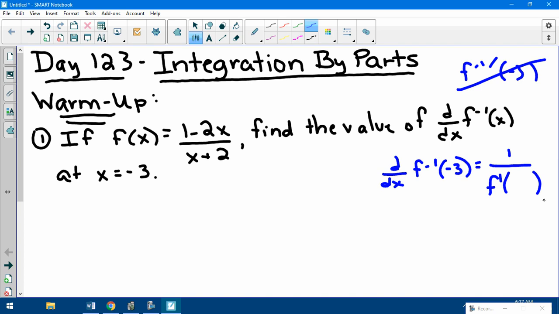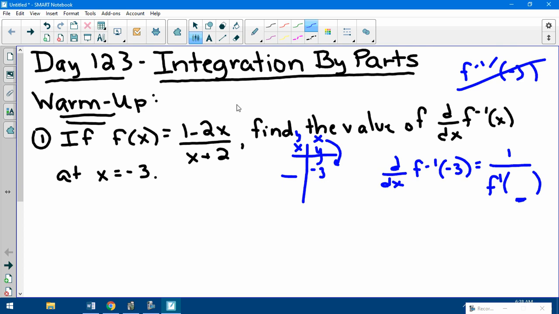Remember, our first step was to figure out what that number in there is. And this is where you want to think, okay, if -3 is the x value of the inverse, here's xy, the inverse would be yx. So if -3 is the x value of the inverse, that means it's the y value of the original function. So my first step is to figure out what x value goes with that, because that's what goes in here.